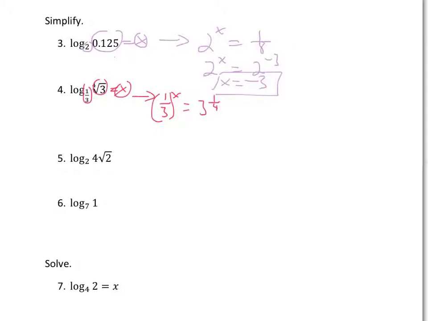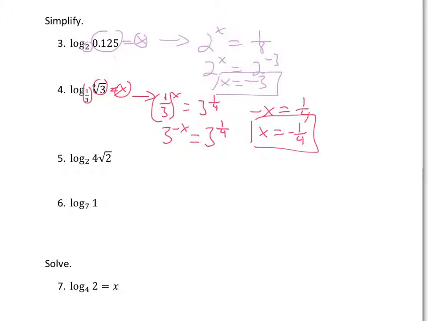They have to have the same base, we can't have 1/3 and 3. So if I change 1/3 to 3 to the negative 1, I've got 3 to the negative x equals 3 to the 1/4. So negative x equals 1/4, and x equals negative 1/4.